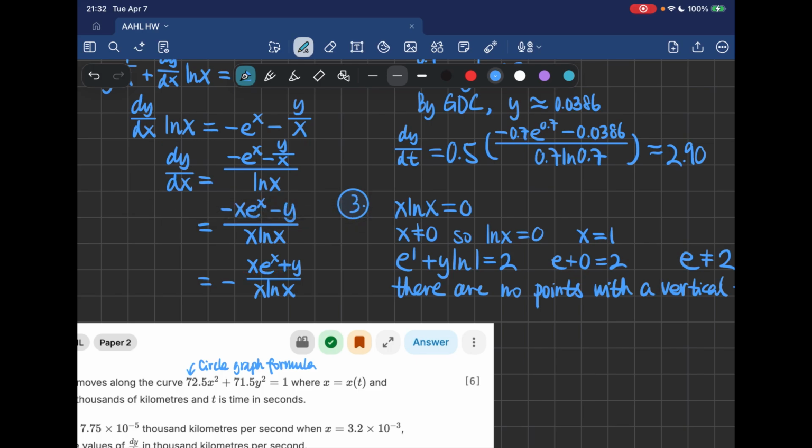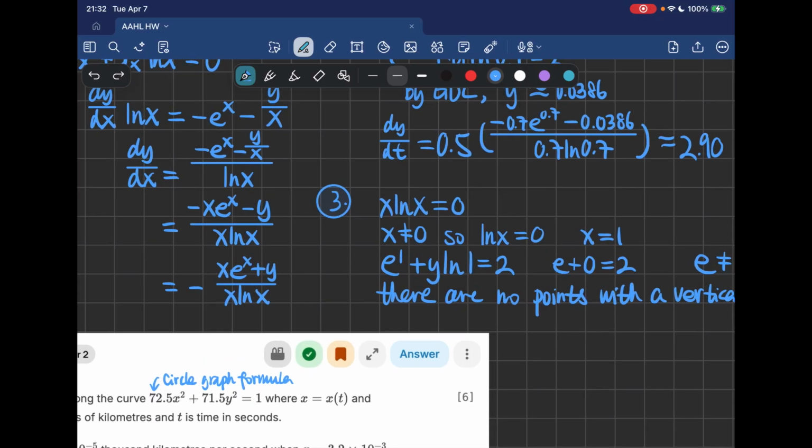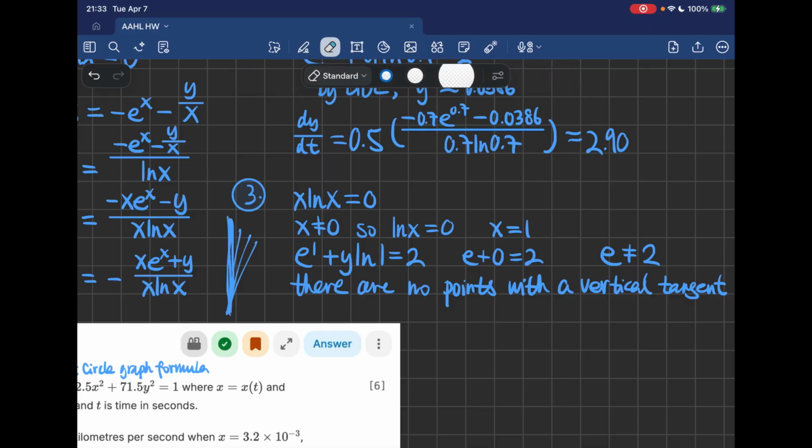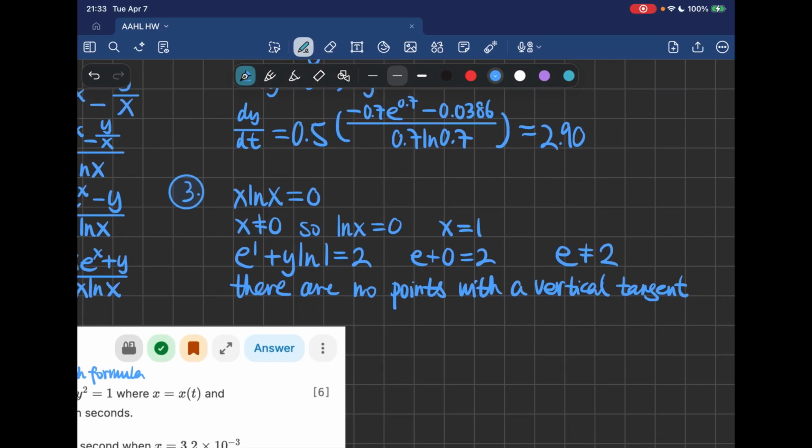Because if you divide it by a really small positive number, then it becomes a really large positive number, if this thing is positive, right? So if you divide it by 0, just imagine it goes to infinity. And when it's infinity, it's infinitely steep, right? So when it's vertical, it's the steepest, which is when the denominator equals 0.